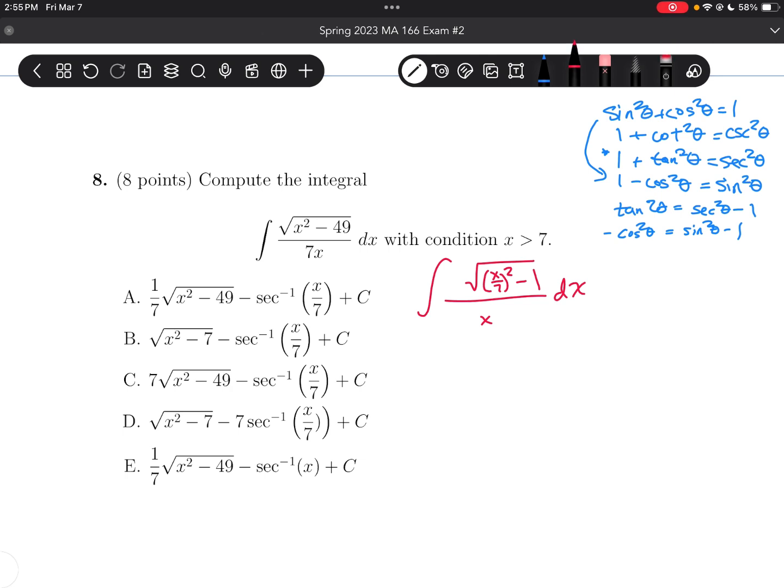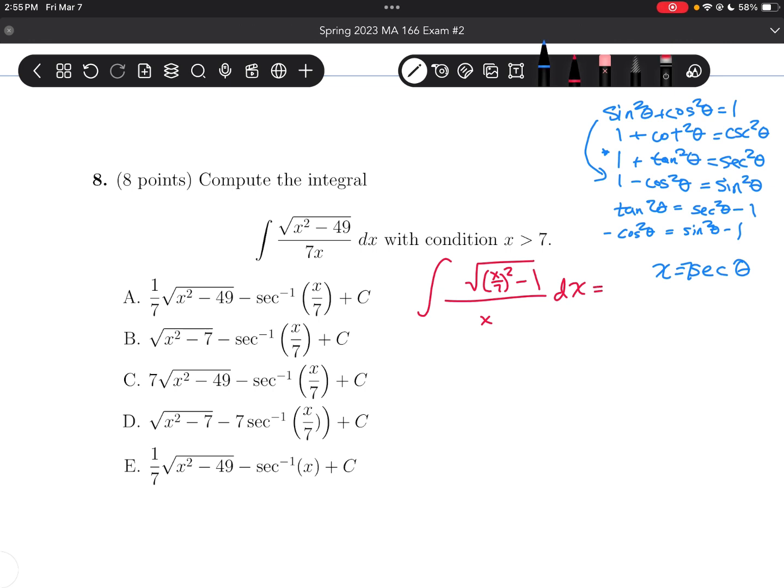So what we're going to do is set x equal to, not secant theta, sorry, x is equal to 7 times secant theta. By setting x equal to 7 times secant theta, this expression equals this expression, and I will be able to simplify this radical since everything under the radical will evaluate to tangent theta squared. Okay.